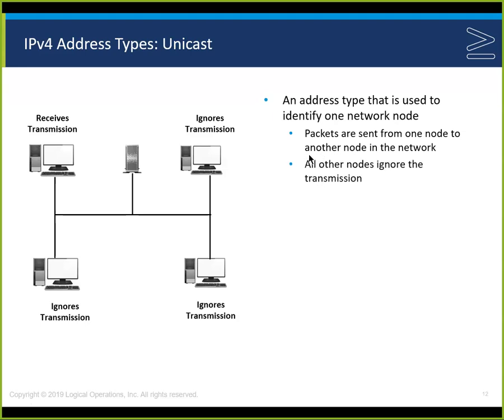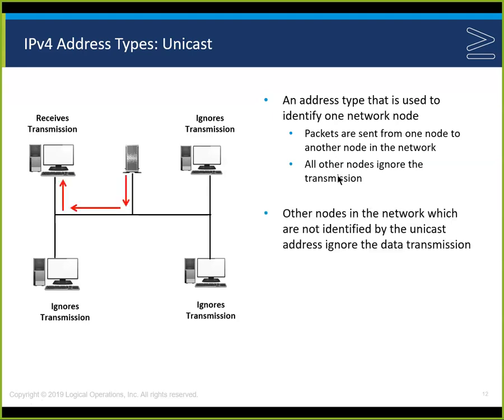The packets are sent from one node to another node. All the other nodes are going to ignore the transmission, and we kind of got an idea of why that happens because of the MAC addressing, and the devices only accept information to their address. Other nodes are not identified by the unicast address and ignore the transmission.